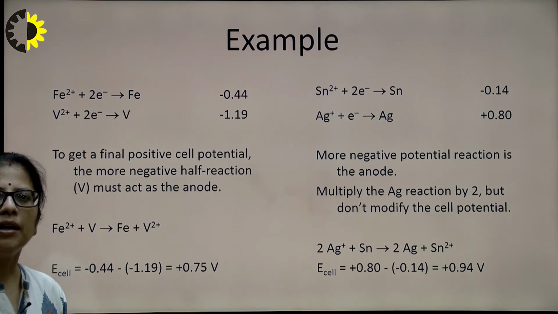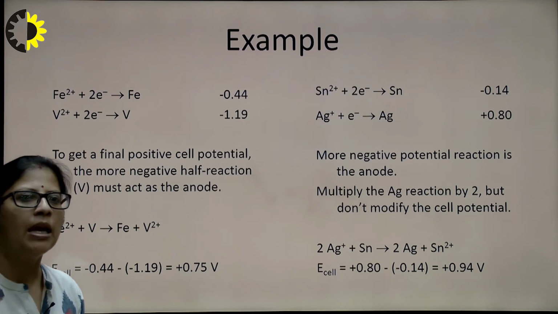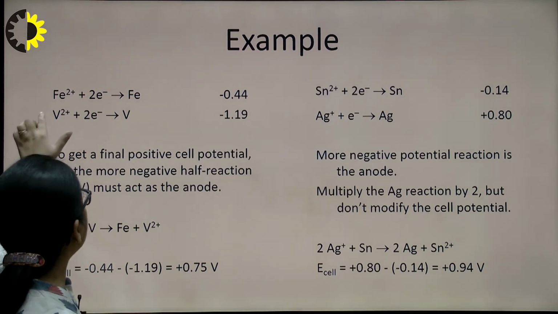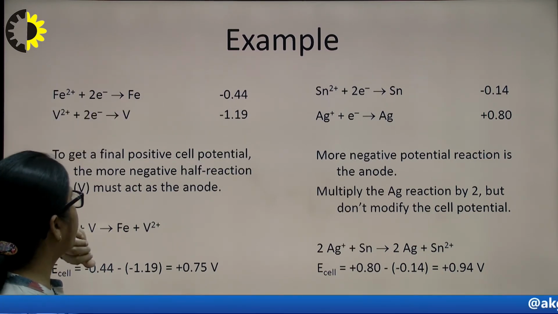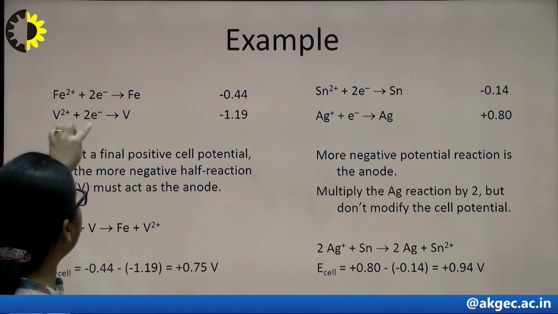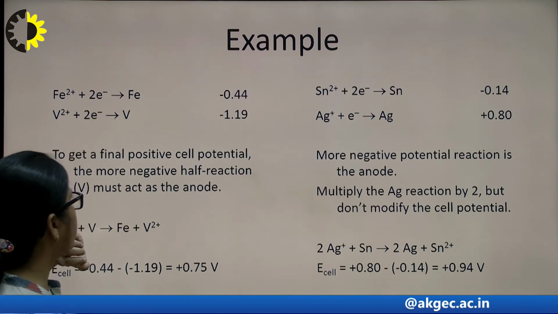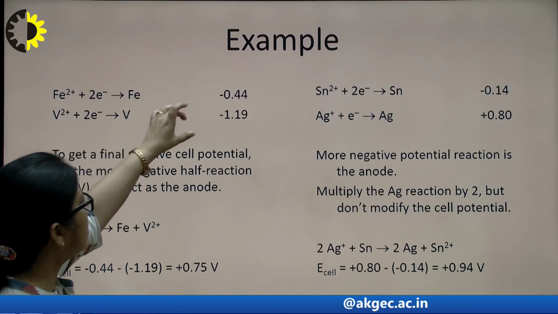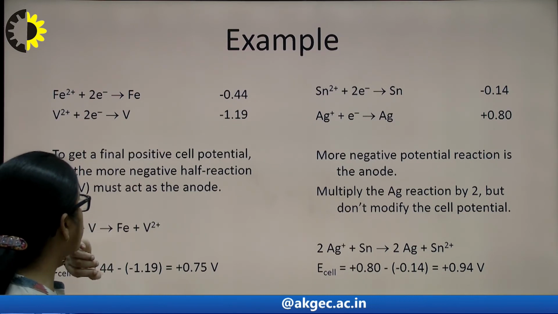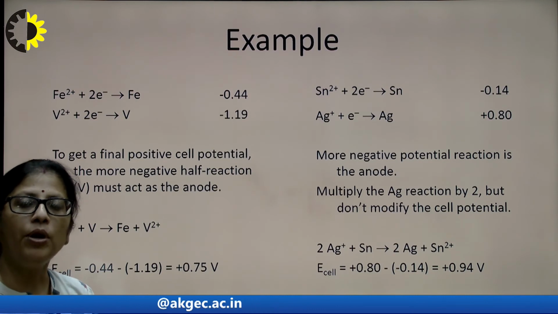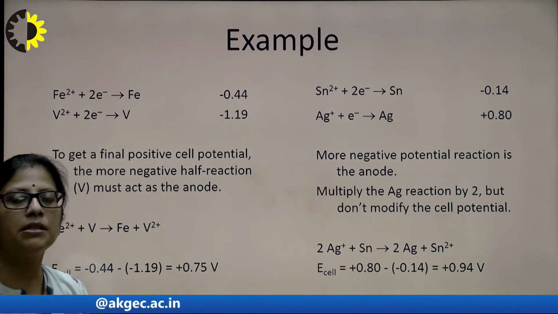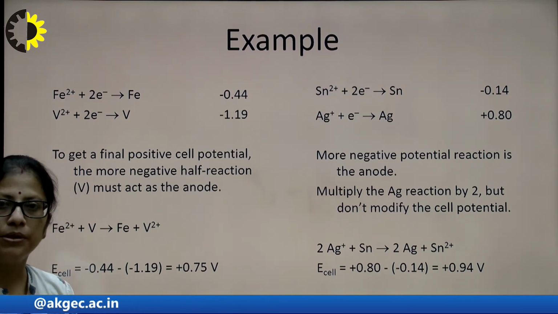Now, we are going to take an example. In the first, I am taking that here the iron is undergoing reduction and vanadium is again undergoing reduction. Now, these are the half cell potentials. To get a final positive cell reaction, the more negative half cell must act as the anode.